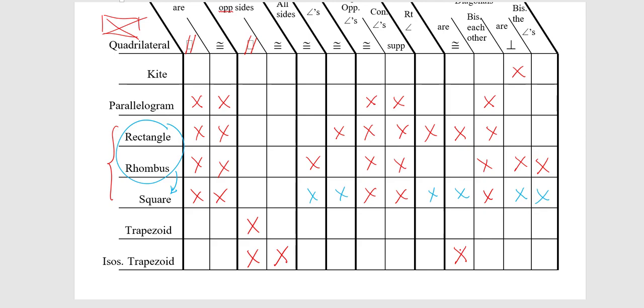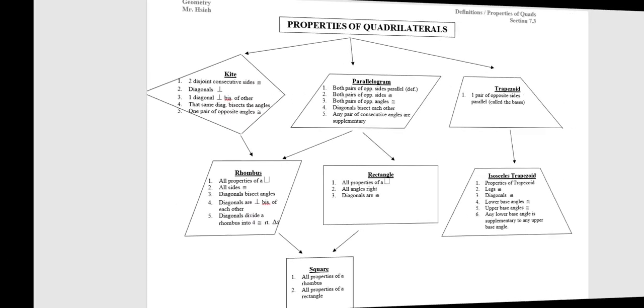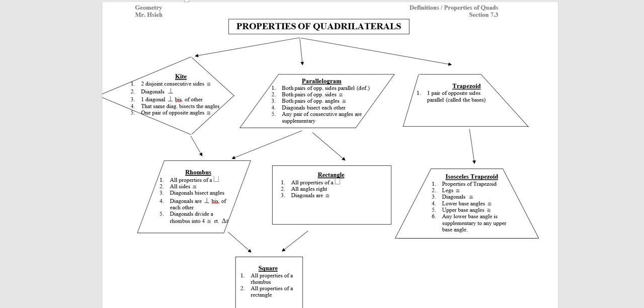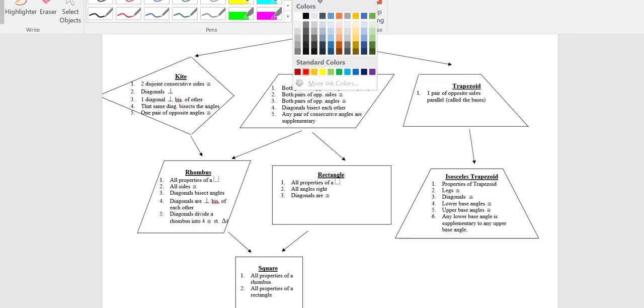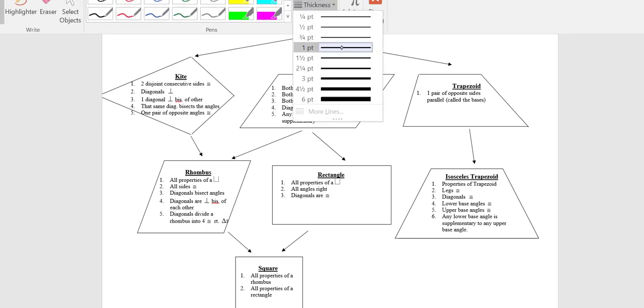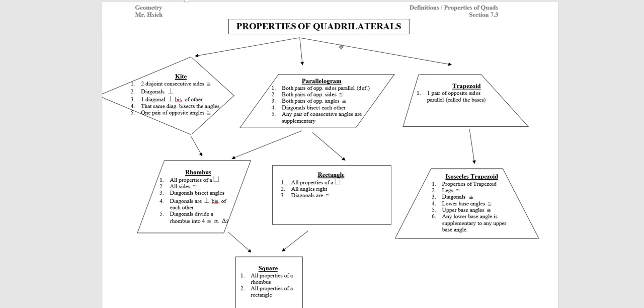So let's flip over to the next page. So here we are on the next page, and we're talking about all the various properties of a quadrilateral. If you look at this diagram here, it's a little bit of a flow chart, and basically the idea is towards the top is the most general type, and as you move downward, it gets more and more specific.